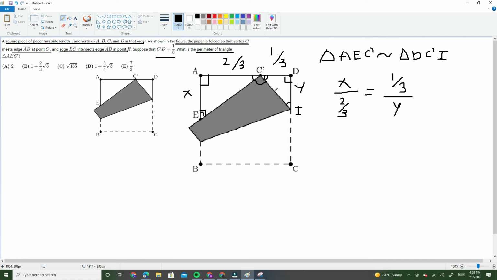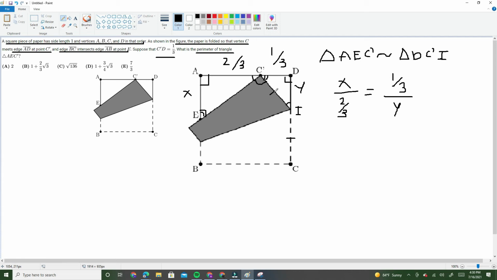This length, C prime I, is actually the same as the original length, CI. And this makes sense, because that was simply like a reflection about a line. And reflections will conserve the length between the 2 points being reflected.